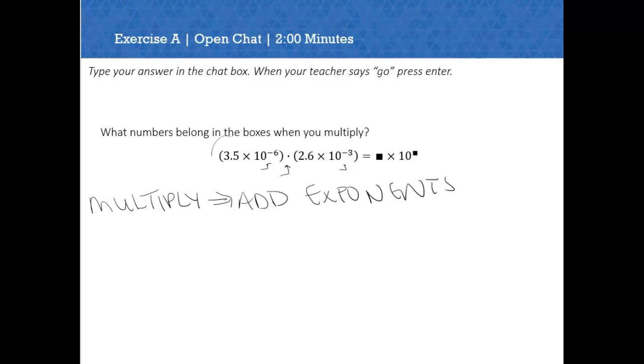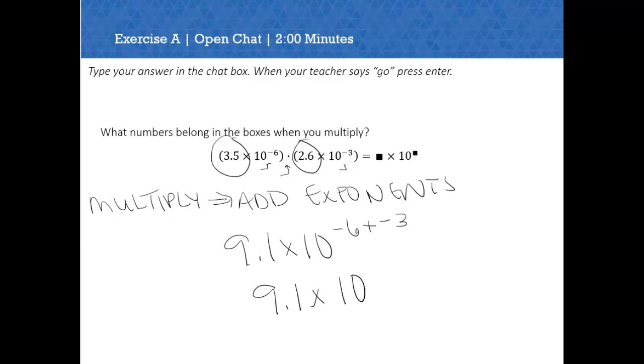So if we do 3.5 times 2.6, we get 9.1, so we're lucky it's already just one number in front, times 10 to the negative 6 plus negative 3. So that's 9.1 times 10 to the negative 9th power. And that's how we multiply exponents. Remember, we need to check if it's in scientific notation, and this one is because there's only one number in front of the decimal.